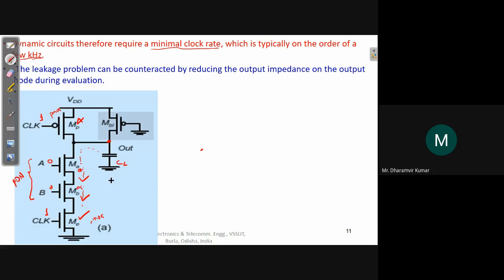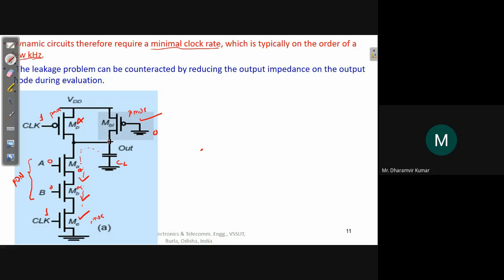So what can be the solution? In this scenario, if we can provide a connection between this output node and VDD somehow, then the level of output will be maintained. So look at this. This is a PMOS, and the gate is connected to ground, which is logic 0. So it means that this PMOS is always on, always conducting.